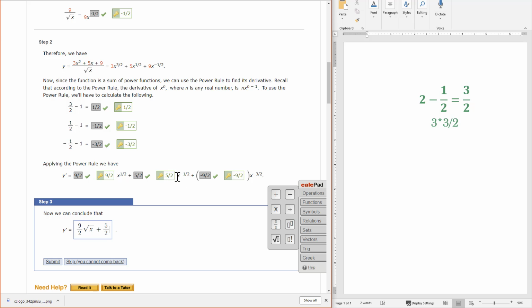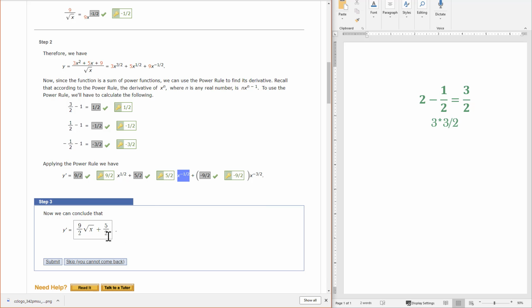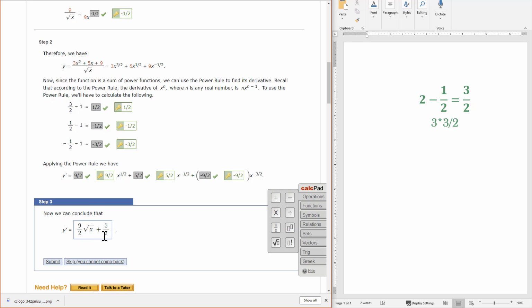Now this is x to the negative 1/2, so I would probably go back down to the denominator and put the square root of x there. And then I have negative 9/2, and here is x to the negative 3/2. So we can put the square root of x to the 3rd power or whatever in the denominator, but we can also just write x to the negative 3/2.